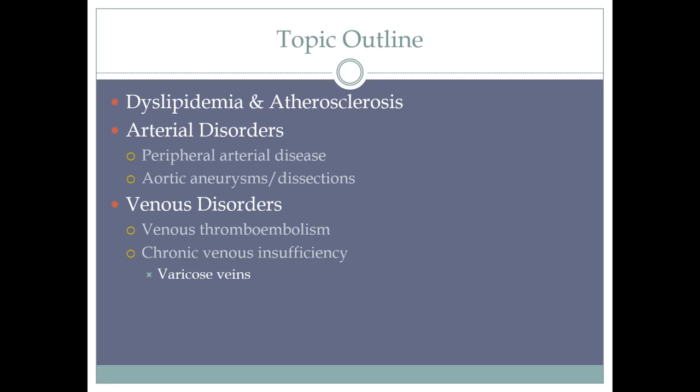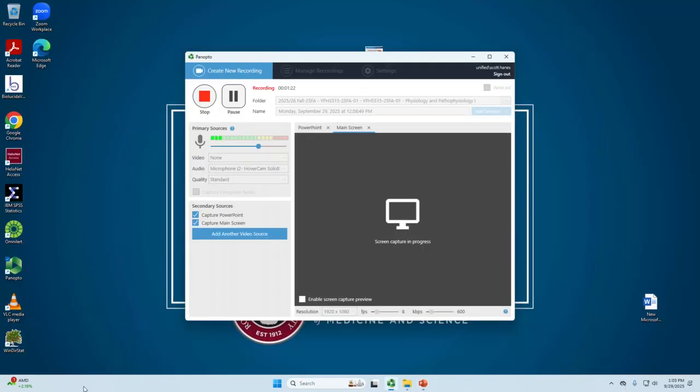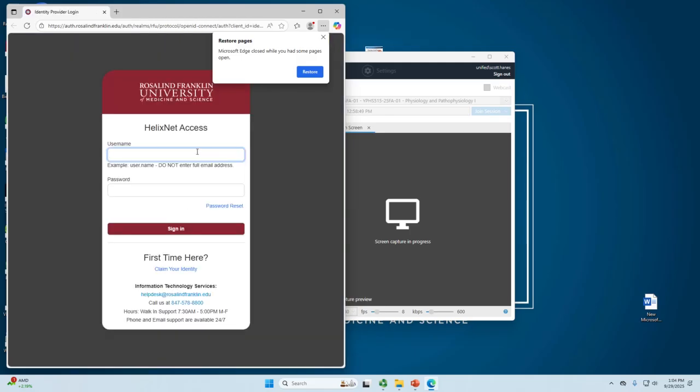We'll first talk about certain arterial disorders that are related to, yes? On D2L? It should be there. I posted them, unless for some reason it was. Do you see the other one, or just the cardiac one is there? Okay. I posted it, but maybe for some reason it got hidden inadvertently.